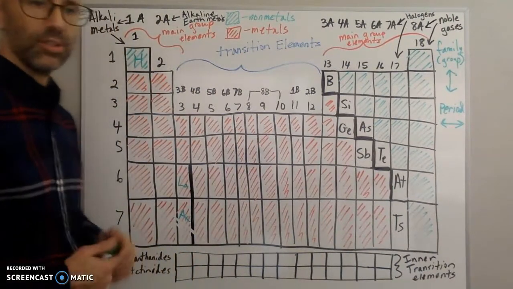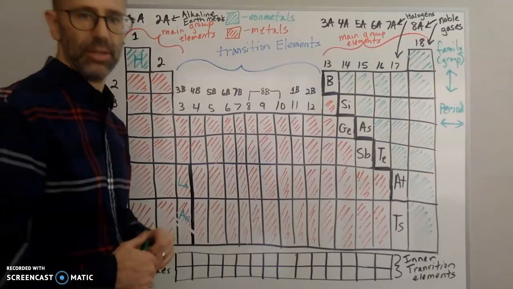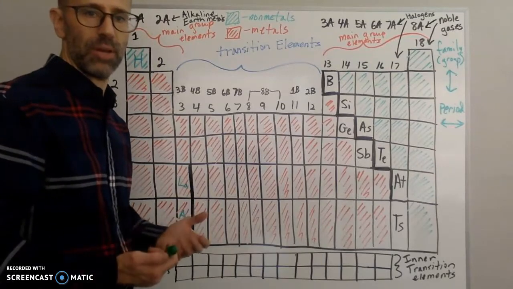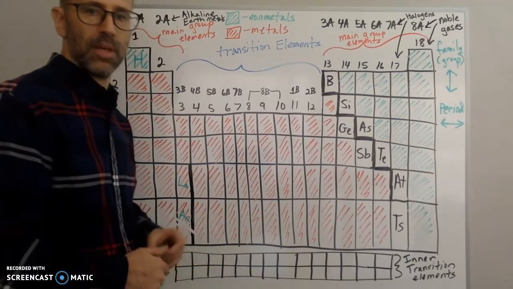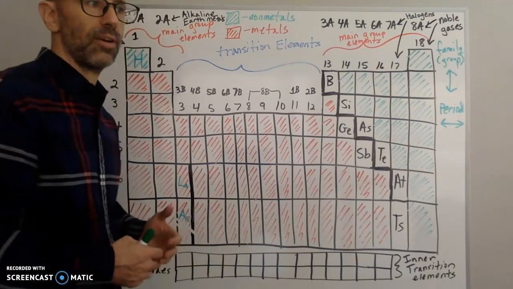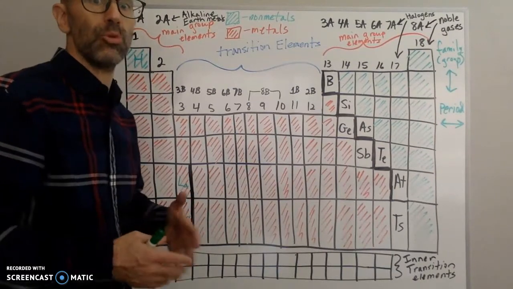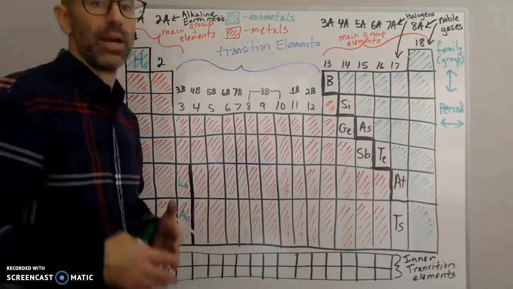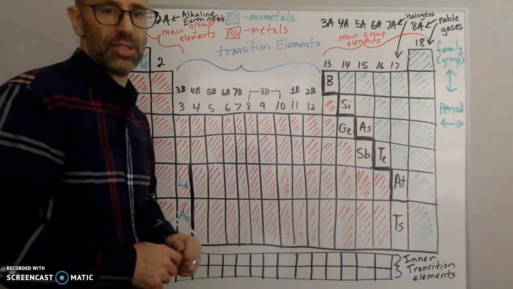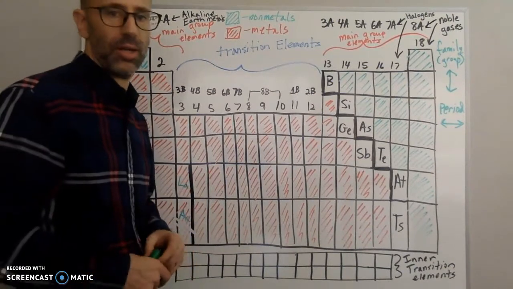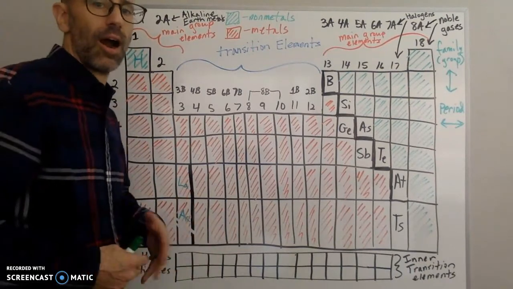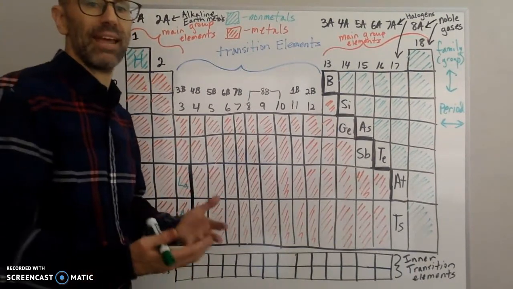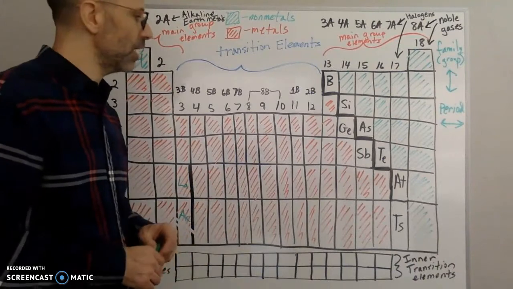Now, to remember what a metalloid is, you think about, okay, what is a metalloid? Think about what a humanoid is. Humanoid is something, an organism that is human-like, not quite human, but has human characteristics, so we might call it a humanoid, right? So metalloid is the same thing. Metalloids are elements that behave like metals, but they're not metals.